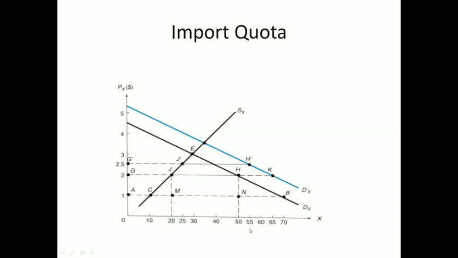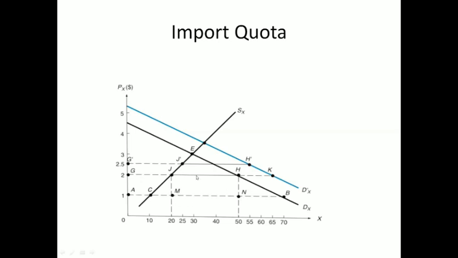The amount of X commodity available is now less. But at the same time, the government is auctioning off the import licenses here. So because of this auctioning off, the government collects some revenue that is equivalent to this JHNM. So when an import quota is imposed, this is not going directly to the government revenue collection. The government can collect the revenue only by auctioning off or inviting bidding for these licenses.